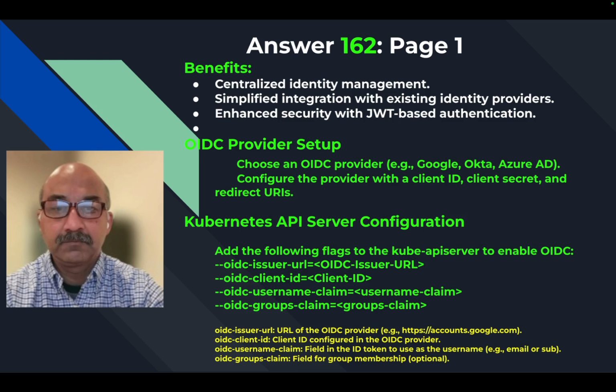Okay, so first of all, what do we get out of using OIDC? First, we get centralized identity management. That means you don't have to have multiple places where you are managing your users and what privileges they have. We also have simplified integration with something that you already have. Maybe you already have Google Workspace, or maybe you already have Okta.